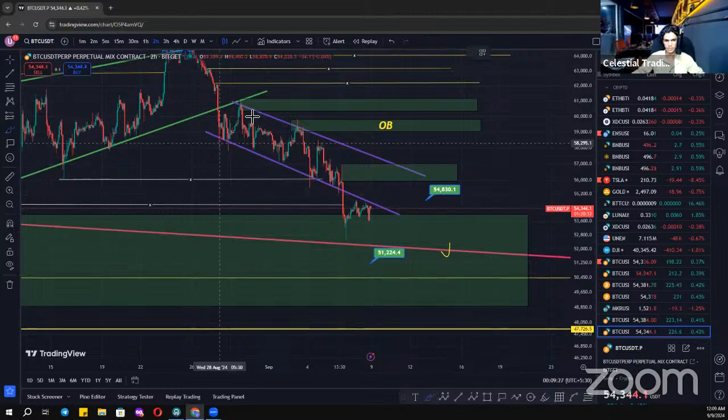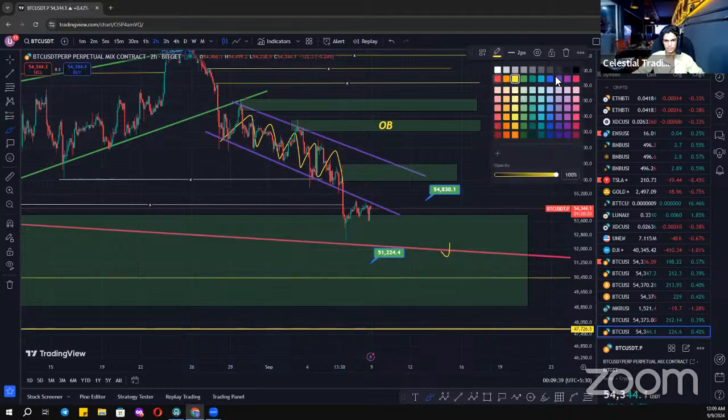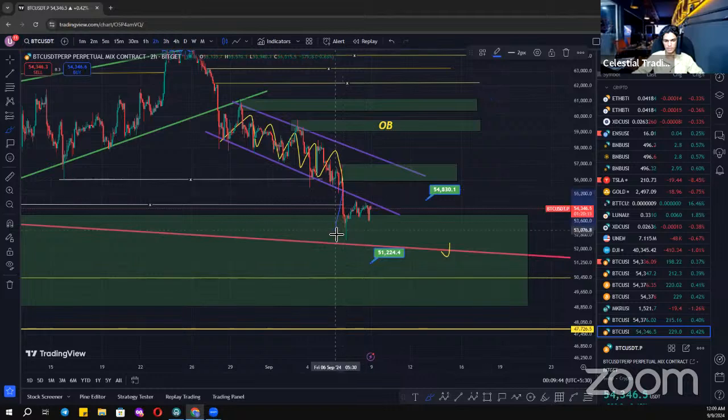You see, we have a manipulation, and we go for a distribution. The distribution may stop from this level after taking the orders from here, or else it would pump up.